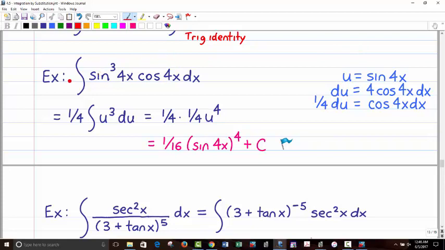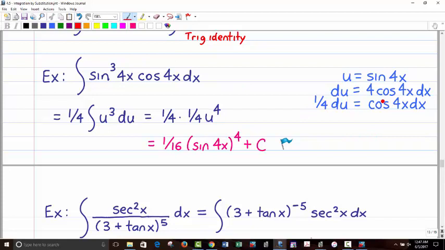Once again, we use the same argument: if you have sine and cosine multiplied together, whichever of the two has the exponent that's not 1 has to be the u. In this case, it's sine cubed, so u would have to be sine, and we'll raise it to the third power. That'll be u cubed.